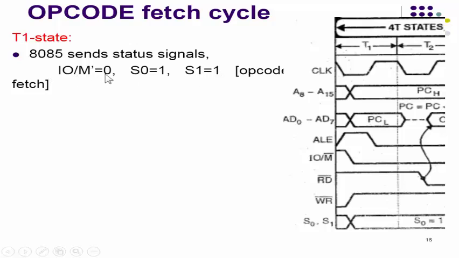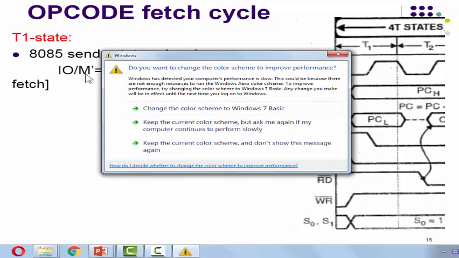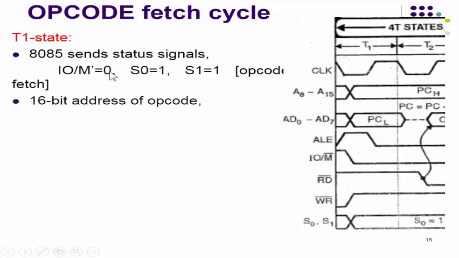In T1 state, or the first clock cycle, 8085 sends the status signals S0 and S1 both equal to 1 and 1, and IO/M bar equal to 0, which indicates memory related operation. IO/M bar equal to 1 would mean IO related operation.